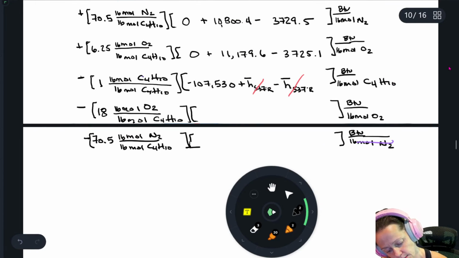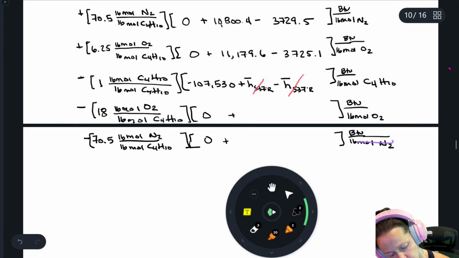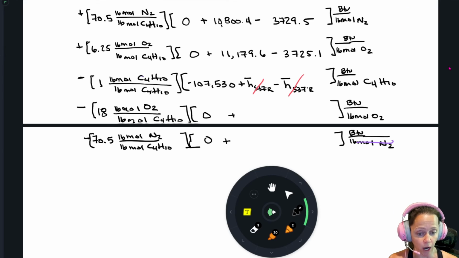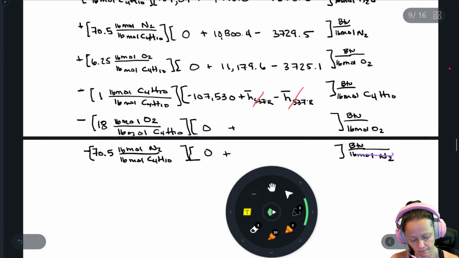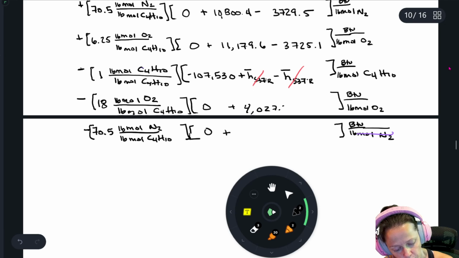The enthalpy of formation for both of them is still 0. But now at 580 degrees Rankine, the enthalpy for oxygen ends up being 4,047.3, and at 537 it's still 3725.1, the same thing we had up here.